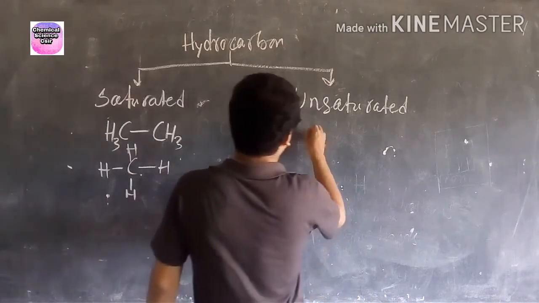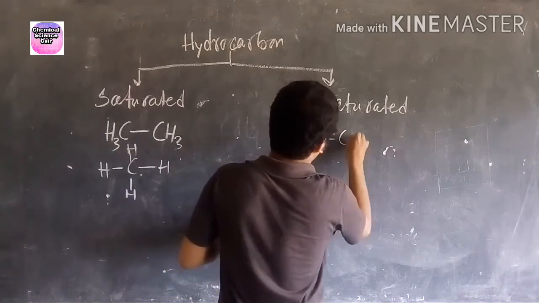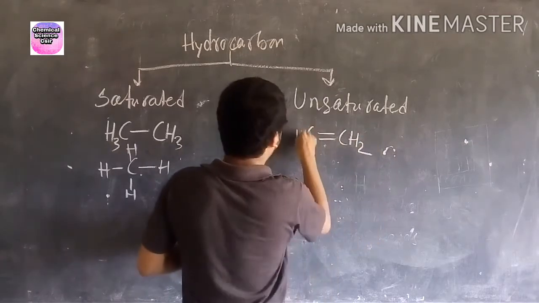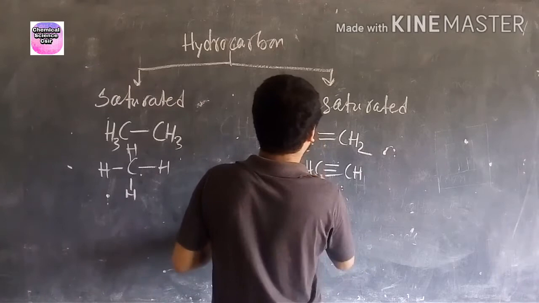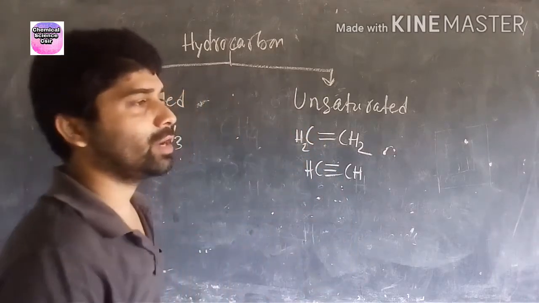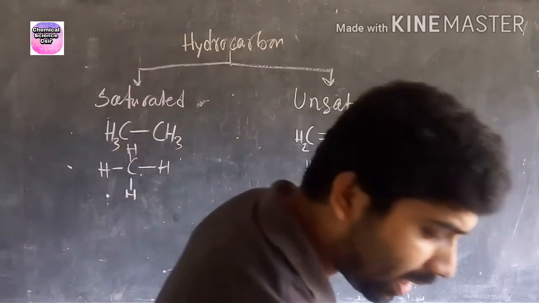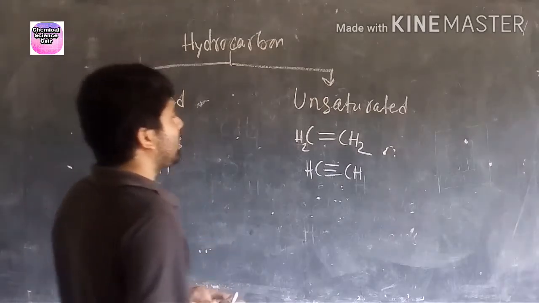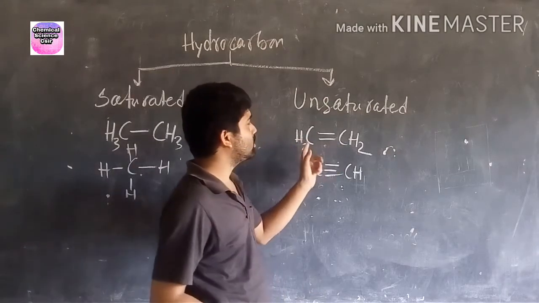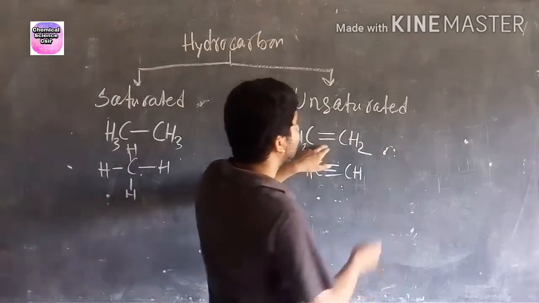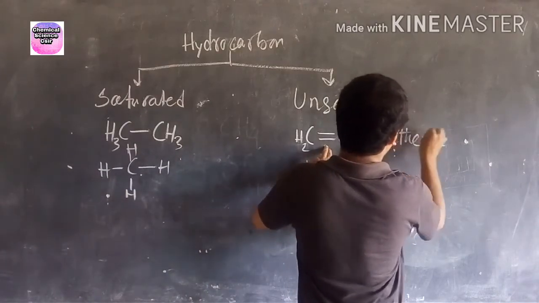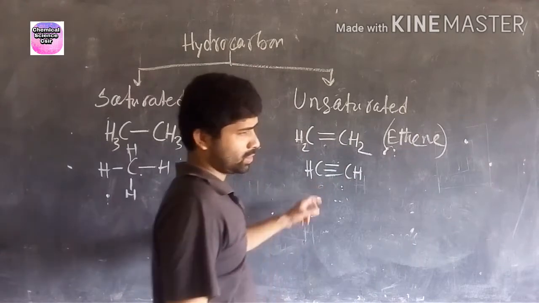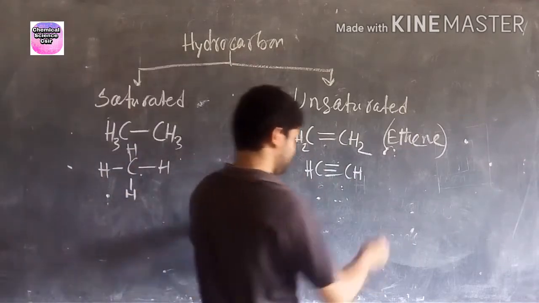Unsaturated hydrocarbons have a carbon-carbon double bond or carbon-carbon triple bond. So these are called unsaturated hydrocarbons. Examples: this one is called ethene, and this one is called acetylene.